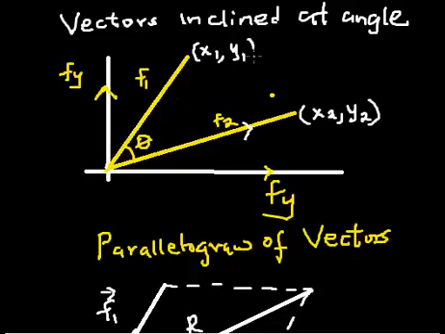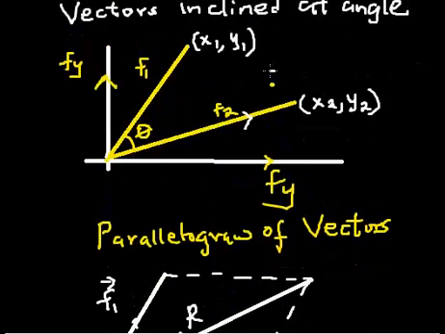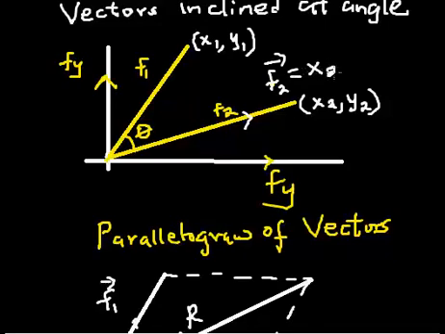So what simply means is that if I should represent f2 in its unit vector, of course you know that's going to be x2i plus y2j. X is for i, y is for j. Then of course, if I should represent f1 in its unit vector, that's going to be x1i plus y1j.